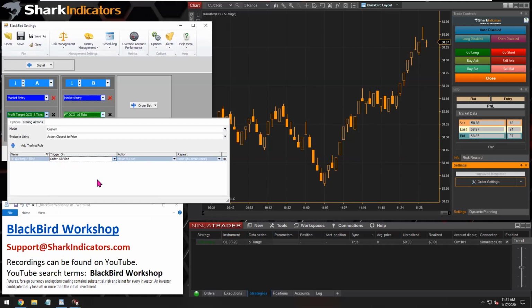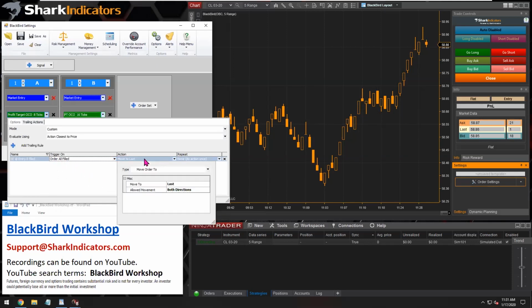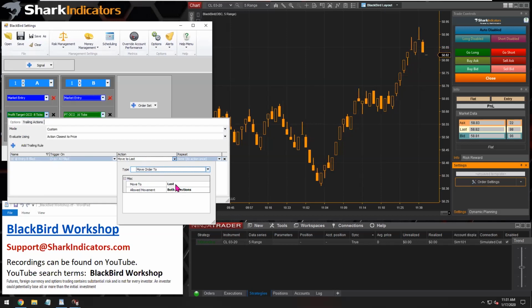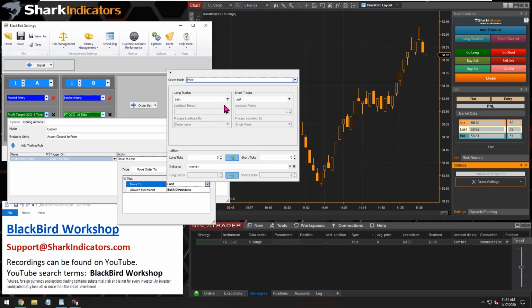That's our condition. And so the action is, where do we want to move this profit target to? We don't want to move it to the last price. There's a couple of things. We can move it to the average entry price, because remember, if order B does execute, we're going to have an averaged entry price.